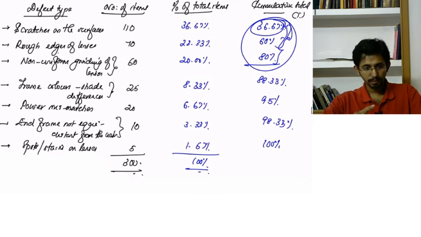How many? 2, 4, 5. 5 defects. The remaining 5 defects cumulatively constitute only 20% of the total defects.